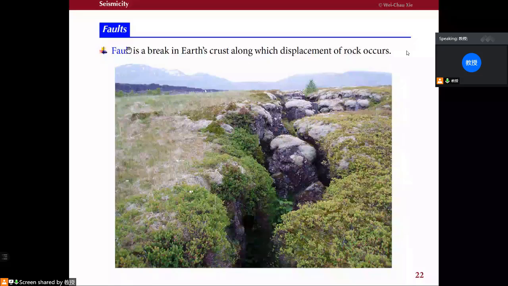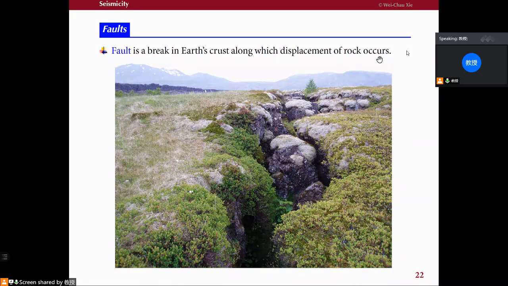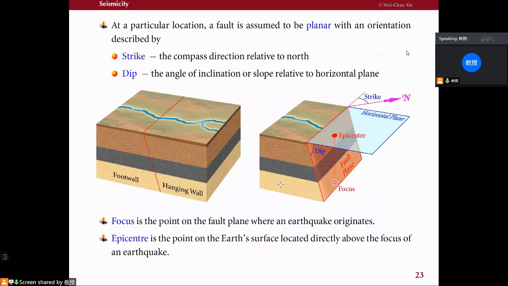A fault is the break in Earth's crust along which displacement of rock occurs. This is a photo of a fault. At a particular location, a fault is assumed to be planar with an orientation described by strike and dip. So we have this part and this part, and there's a fault between them.